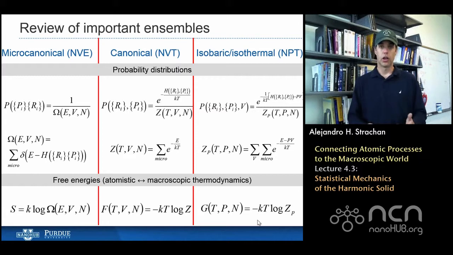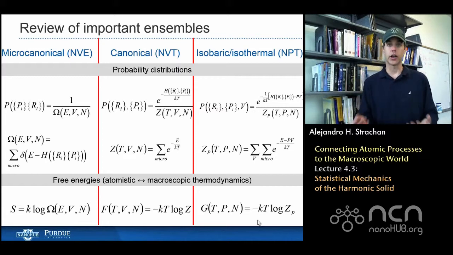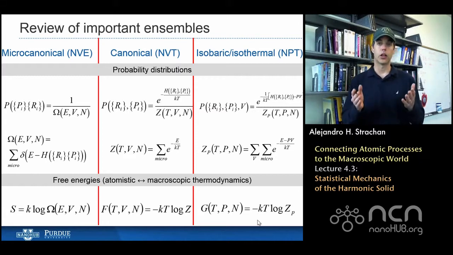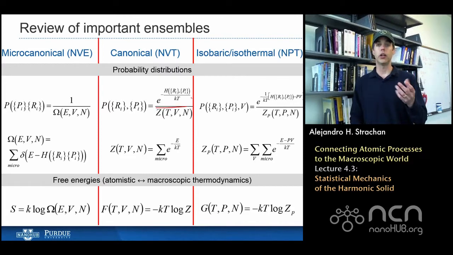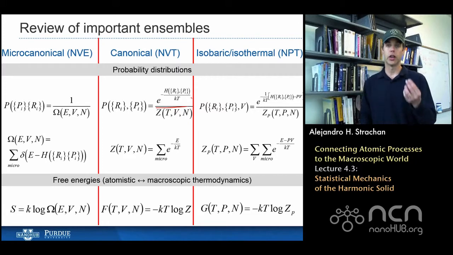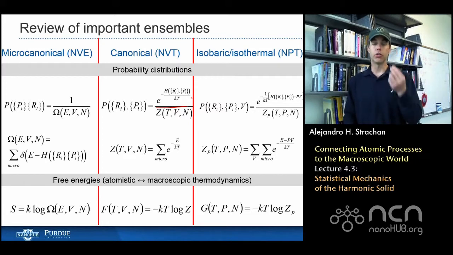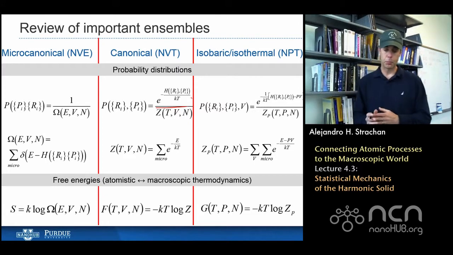As an example, in the canonical ensemble under constant temperature conditions, the probability of a microscopic state is the Maxwell-Boltzmann distribution: e to the negative the energy of that state divided by kT.